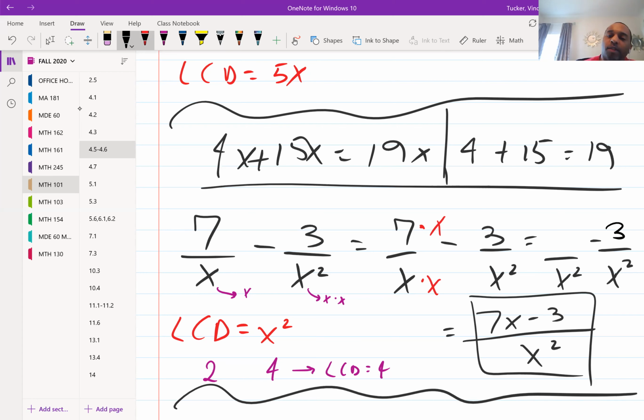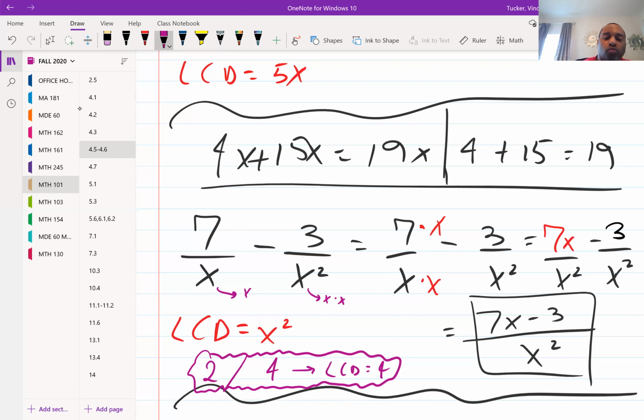That will change that to 7x. 7x minus 3 over x squared would be our final answer. All right, questions.